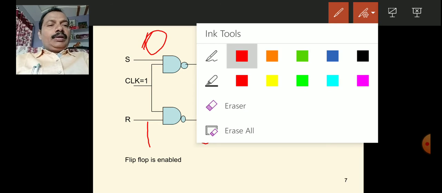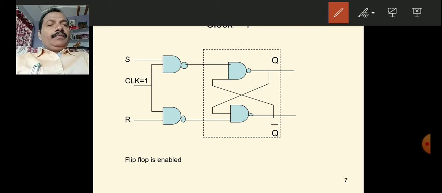Now let us consider when the clock is 1, S equals 1 and R equals 0. Then 1 1. Clock is 1, S is 1. Output is 0. Here R is 0, so it is 1. So now the top NAND gate has one of the inputs 0, hence the output is 1.